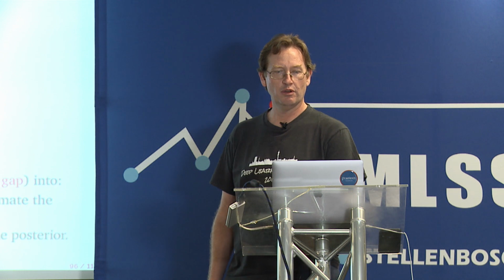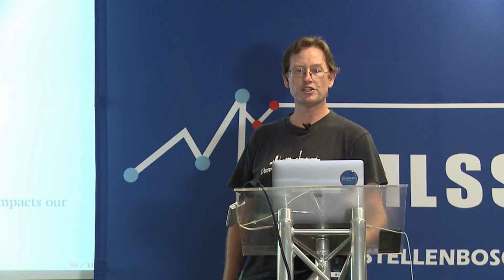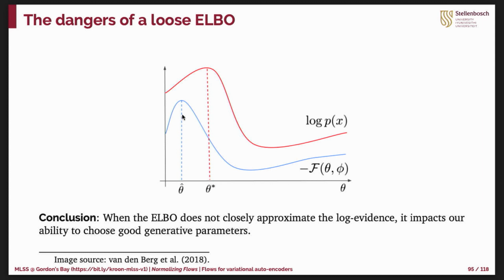But there's also the amortization gap, which says that even though I could do this for each point, I am actually trying to learn a network that predicts this value for all my points. And so I'm not going to get the exact right point for each one, and I'm going to get another bit of weakness here where I might only predict this instead of that. And that's the amortization gap.